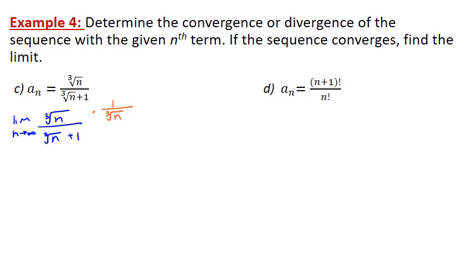Because if I multiply this by 1 over the cube root of n, then in the numerator, the cube roots of n go away. Now remember, whatever I do to the top, I need to do to the bottom, because this is just like multiplying by 1, which does not alter our function at all.